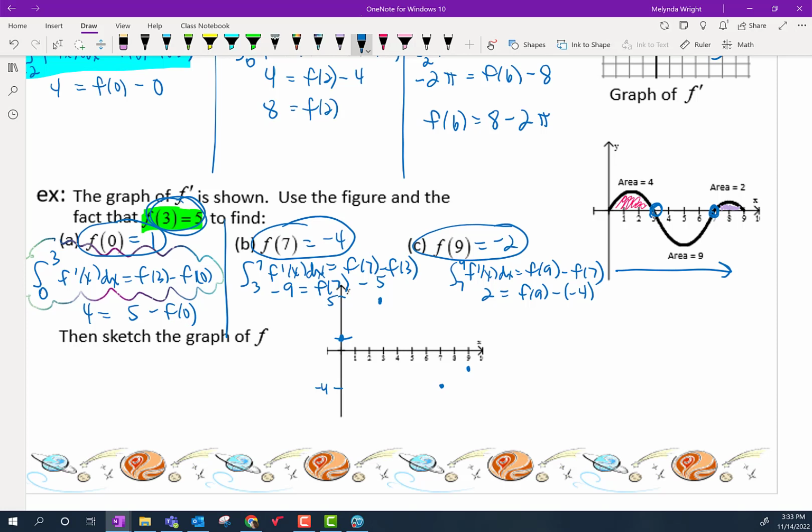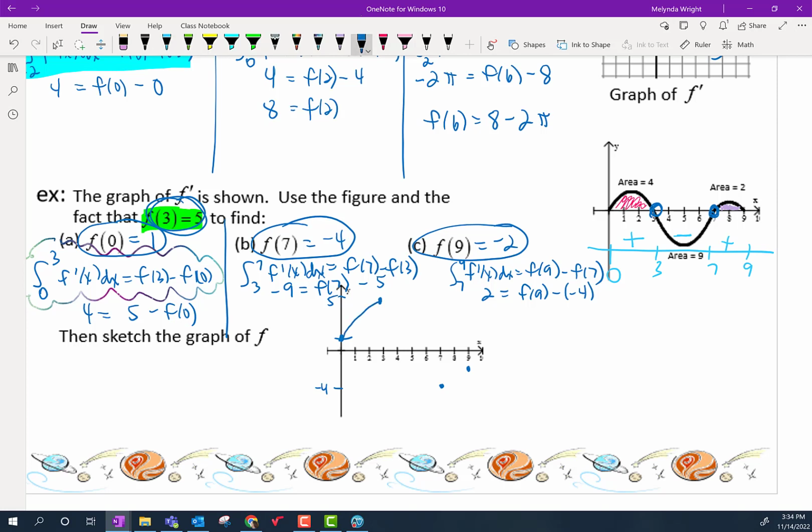Now, I would just like to connect all the dots, but I want to verify that I'm doing this correctly. So I'm going to do a little sign chart over here for this derivative, just to make sure. So we're above the x-axis, the derivative is positive, below is negative, above is positive. What that's telling me is from 0 to 3 I'm increasing.